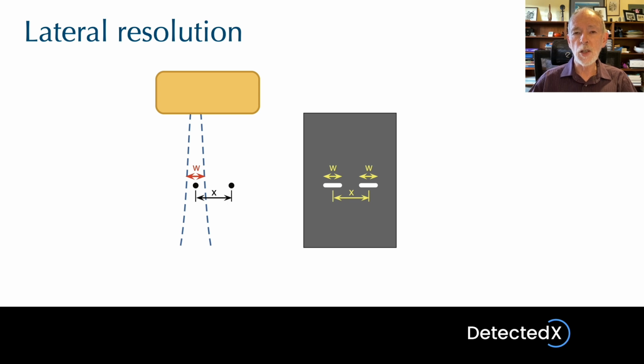It's fairly easy to show that as long as this separation x is larger than the beam width, there will be clear space between these 2. They'll be seen as 2 separate objects. And so the lateral resolution is very simply the beam width. Getting the best possible lateral resolution involves focusing and using as high a frequency as possible.